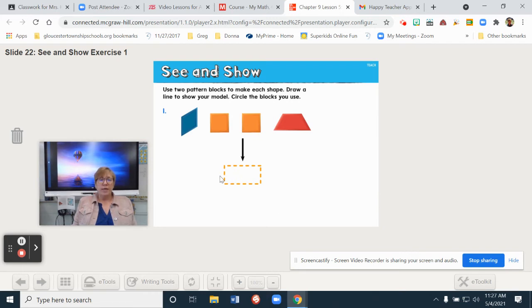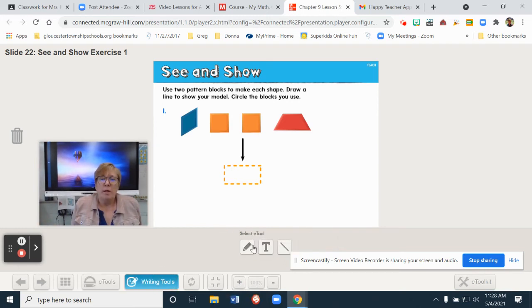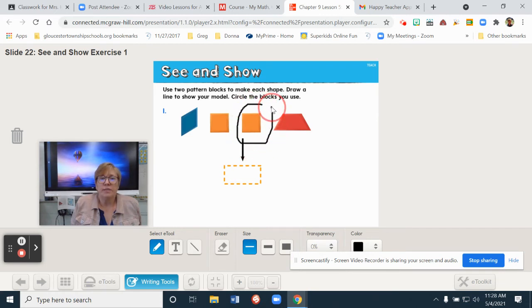So here we see it's a rectangle. So I'm going to use my pattern blocks. I'm going to try this and try this. Two of my squares do make the rectangle. If I'm not sure, I always like to try different ones. This one we've been doing for other things when we were using the blocks, when we talked about sides and vertices.